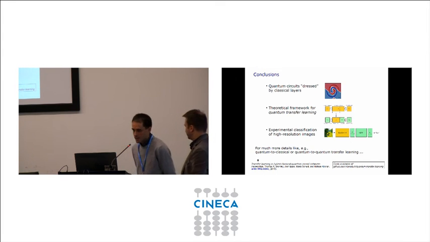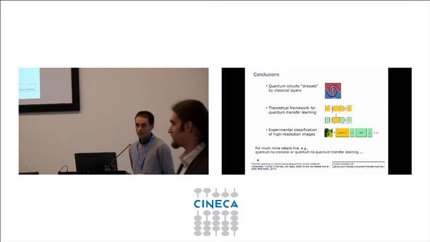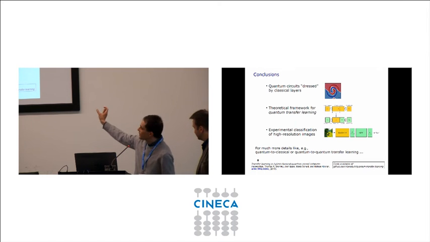So this is an important question, and it's true that if you use a classical network instead of a quantum one, so the green part could be fully classical, you get comparable results.